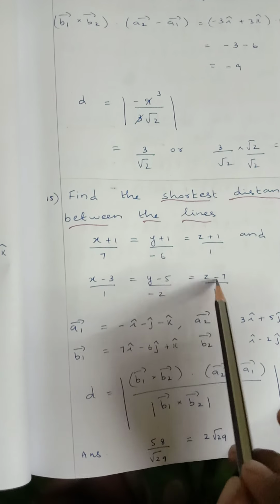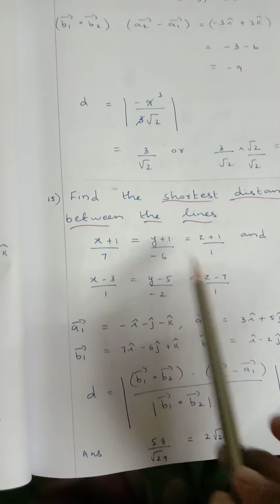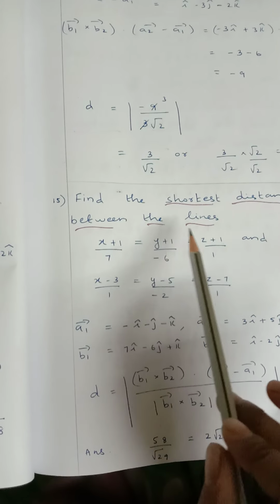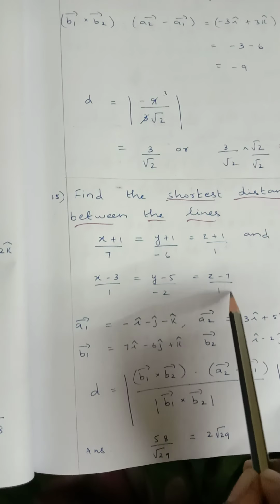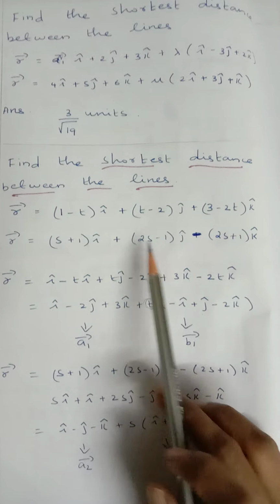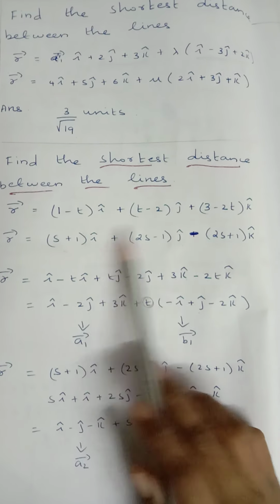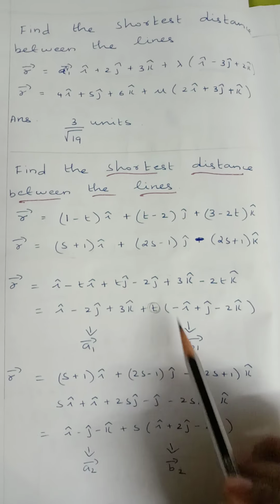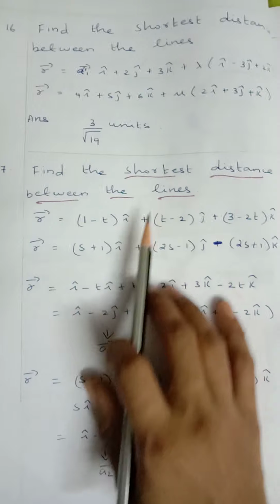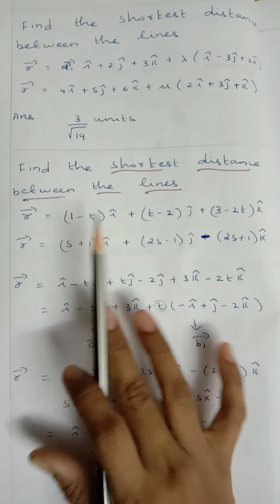Here the numerator is A2, denominator is B2, but while taking the numerator, it should be minus i, minus j, minus k, 3, 5 and 7. Okay, this is the next type. It's not given directly, right? They are given in a combined form. So first you should separate, then you should find the shortest distance. All these questions are shortest distance between skew lines.